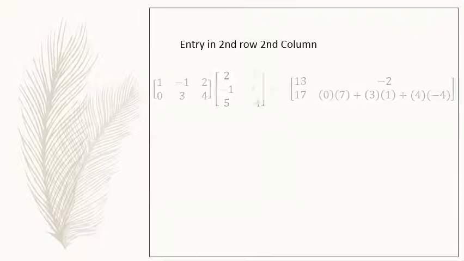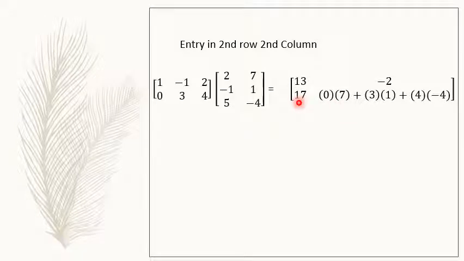So the answer is 17. Now to find A22, the last element, the second row into second column. So 0 into 7, 3 into 1, 4 into minus 4. So the final answer is 13, minus 2, 17, minus 13.